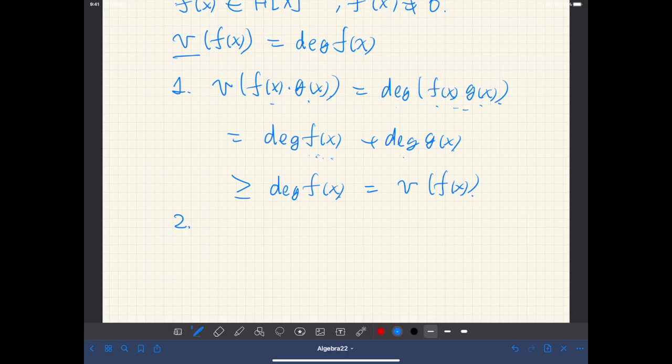And the second condition, we know that for a polynomial ring we can derive the division algorithm.